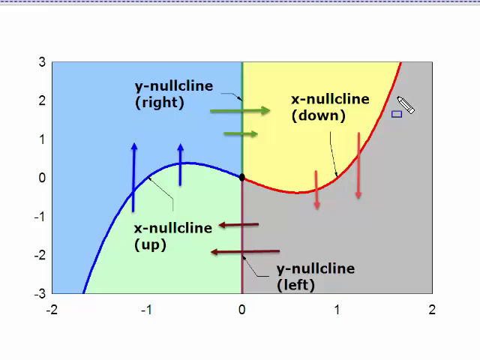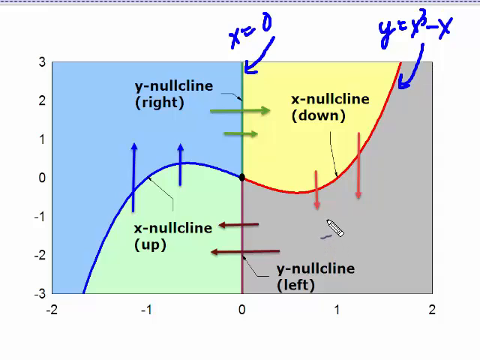So here are the nullclines in the phase plane. That's the y nullcline at x equals 0, and here is that cubic x nullcline. So for once we have nullclines that are not straight lines.